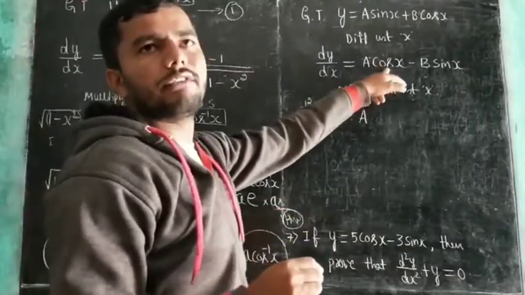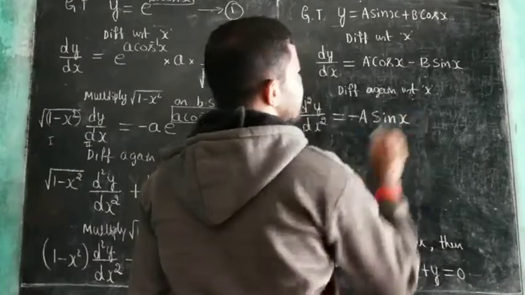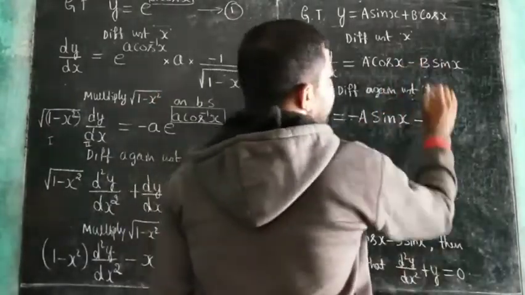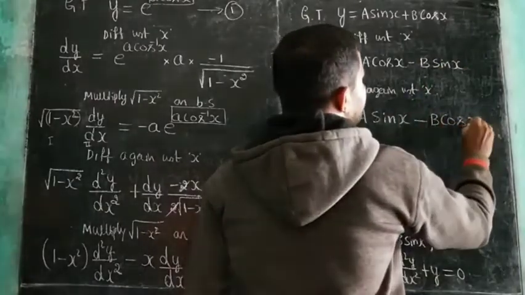The derivative of cos x is minus sin x, take minus as it is, and b is a constant. The derivative of sin x is cos x.